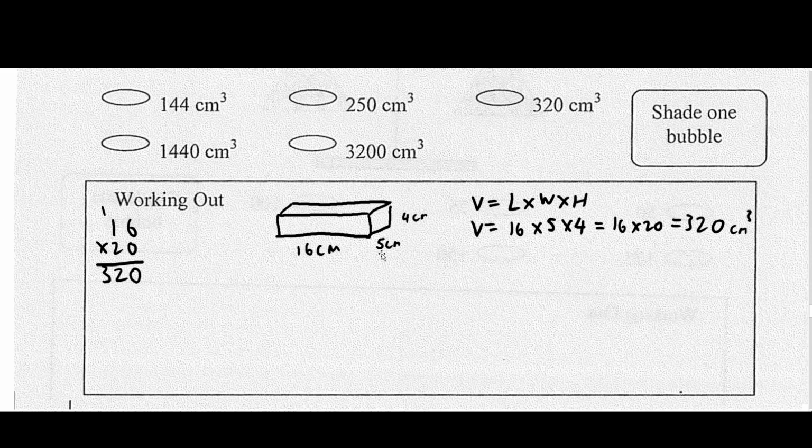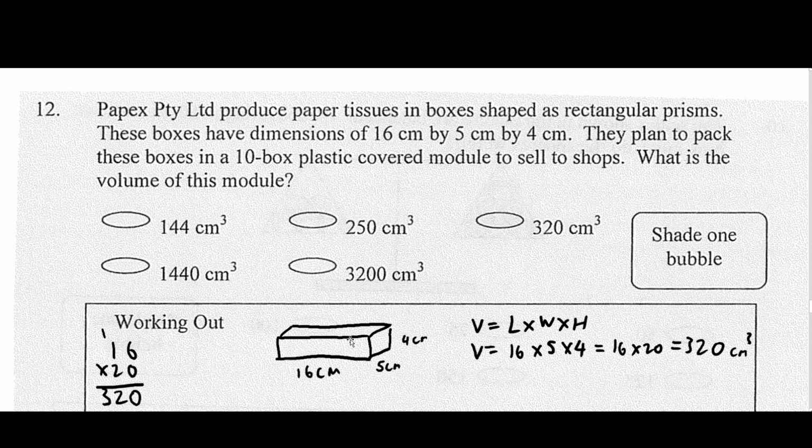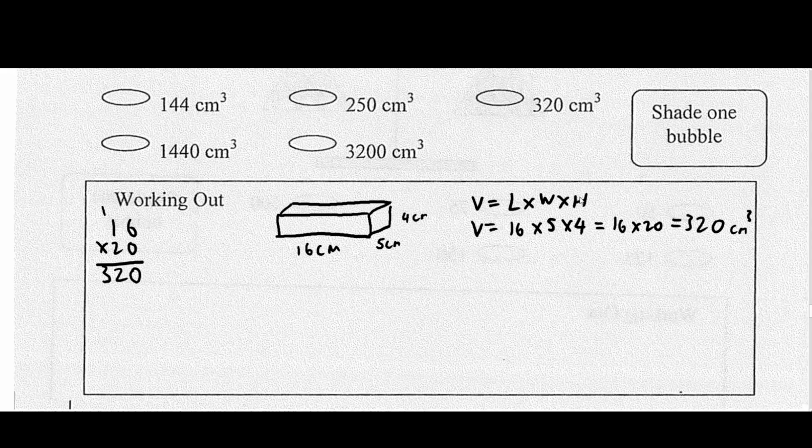So that's the volume of one of these tissue boxes, which is paper tissues. So they plan to pack these boxes in a 10-box plastic covered module to sell to shops. What is the volume of this module? So we need to multiply this number by 10.